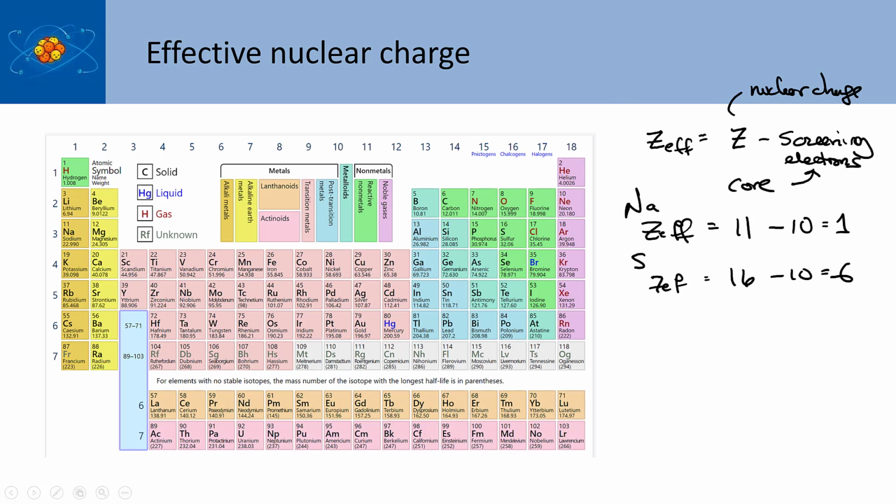So, for example, let's pick something different. Let's do calcium. I don't want to do transition metals yet. Now, if you think about the nucleus of calcium, it has 20 protons and a bunch of neutrons, which we learned about in the last chapter.